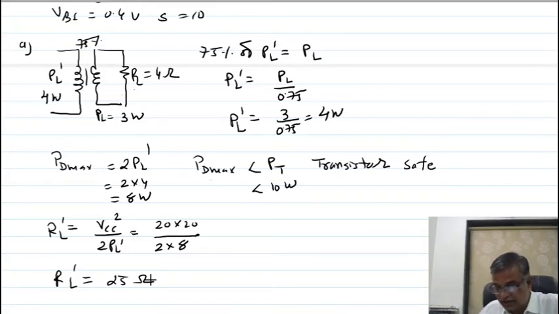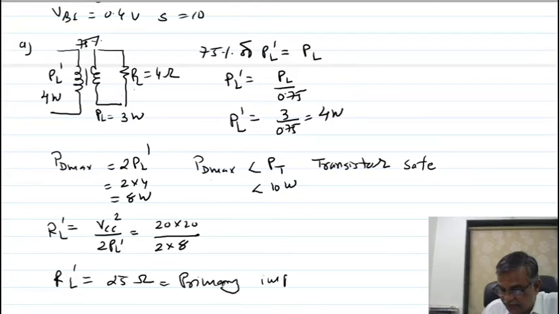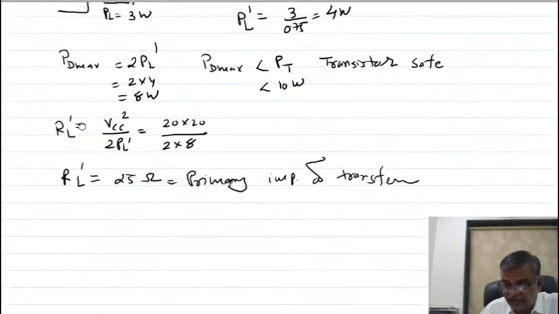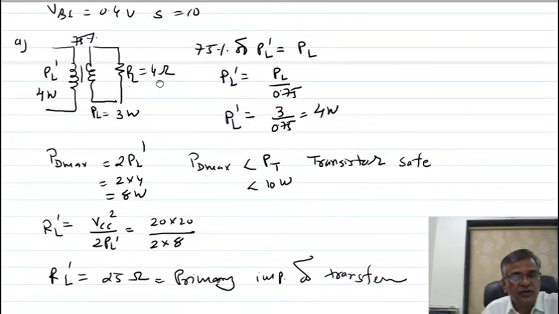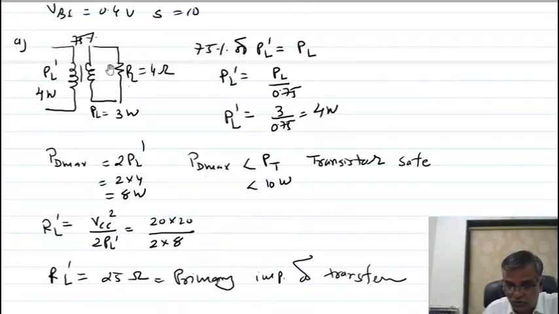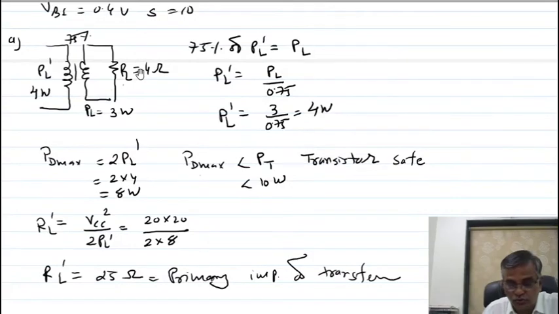So your answer, this is nothing but the primary impedance of the transformer. So what is the secondary? The secondary is 4 ohm. According to the maximum power transfer theorem, the impedance of the secondary is also 4 ohm.